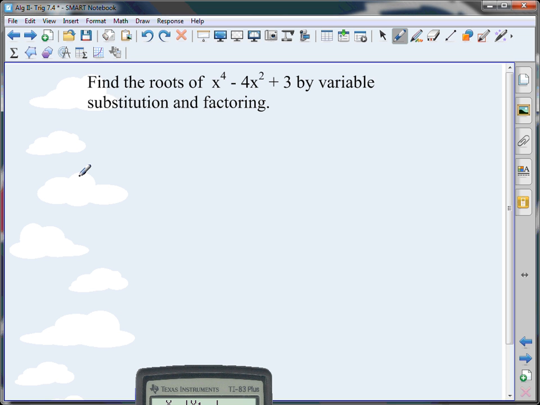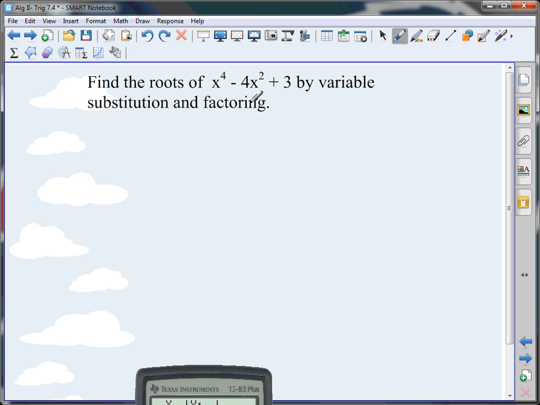We have x to the 4th minus 4x squared plus 3. Have I ever given you a shortcut for something of x to the 4th? No. You now know something that's x squared. You know a special one when it's x cubed. But x to the 4th, you don't.